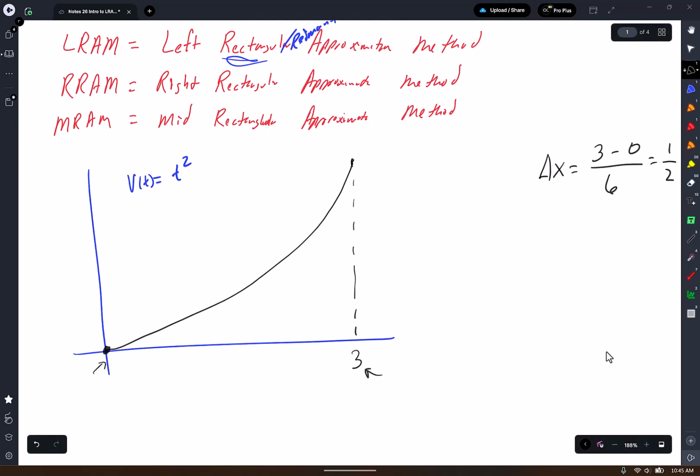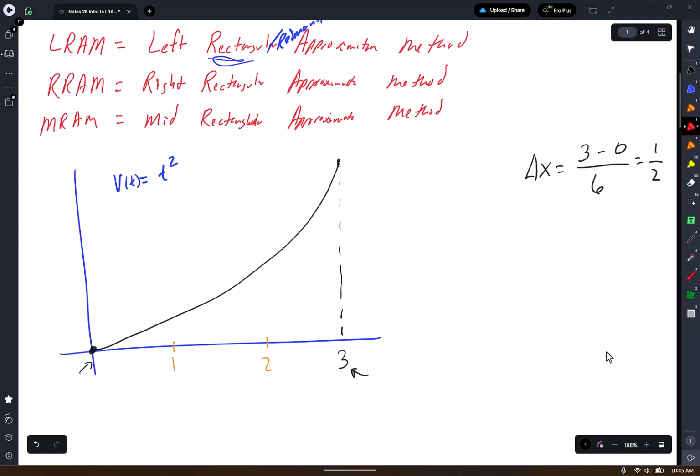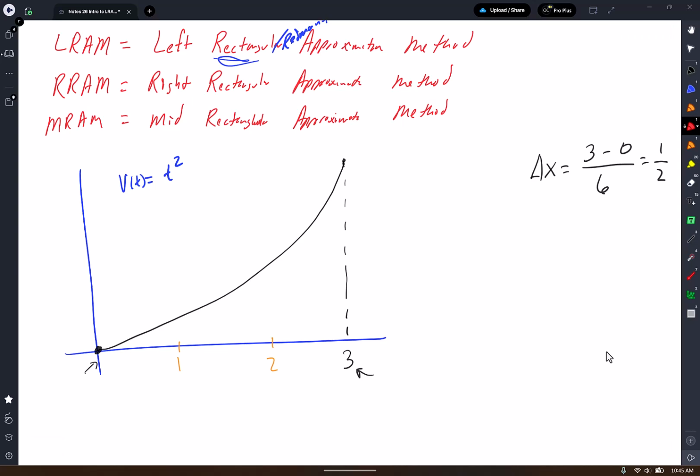I'm going to put a 1 right here, and a 2 right there. Delta x is just the width of each rectangle, so each rectangle is going to have a width of 1/2 because I want 6 rectangles. Between 0 and 1, I'm going to have 2 rectangles, so I'm going to put a little stick there, and a little stick there, and a little stick there.